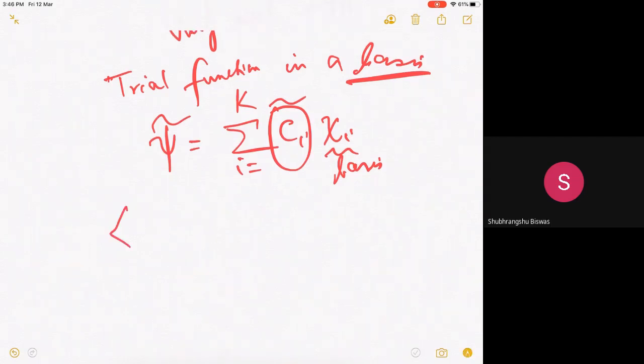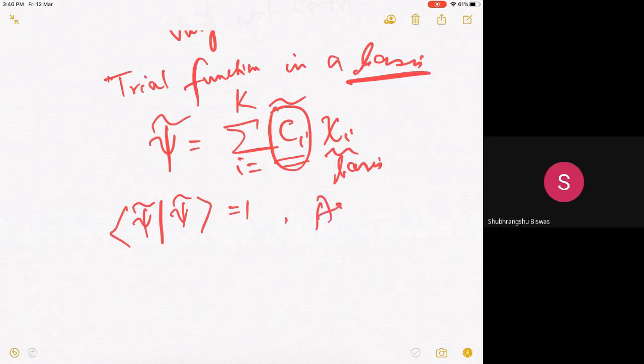I first assume that the psi tilde is normalized to 1. That's the first assumption. Then it would mean a condition on these coefficients. Let me also assume that the basis is an orthonormal basis.